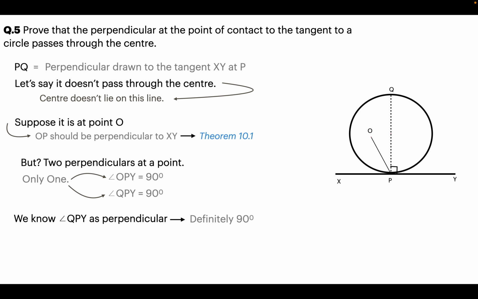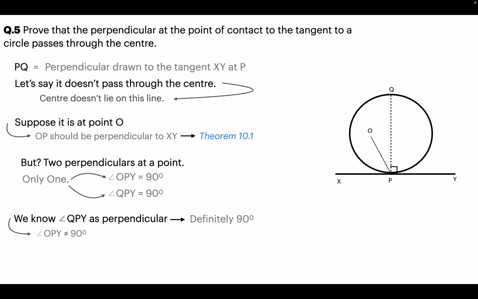And at a point we cannot have two lines making the same angle. That means angle OPY is not going to be 90. If angle OPY is not 90, and if you go back to theorem 10.1, if you connect a line or radius to the point of contact, then that line, or radius, is going to be perpendicular to the point of contact.